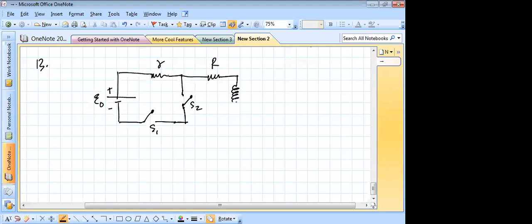Resistance capital R, inductance L. All these points are labeled.